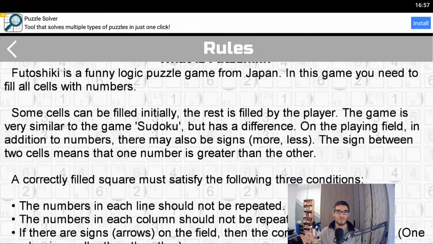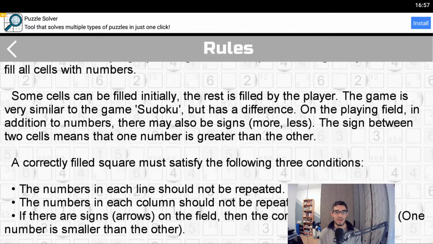The more numbers you add, the more difficult it becomes. Some cells at the beginning are filled, so the game helps you somehow, and the rest you use your logic and reasoning to fill all the other cells.